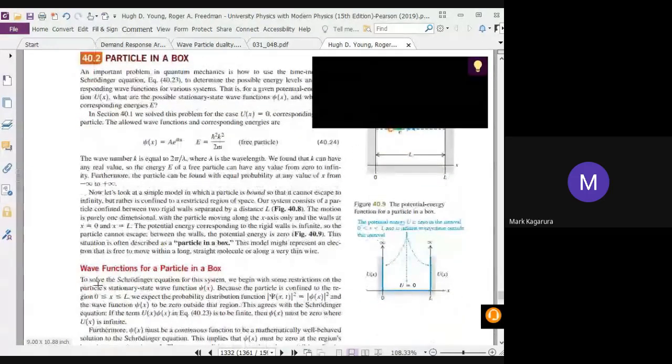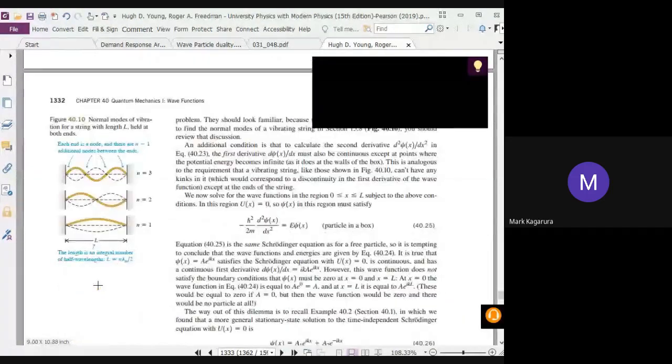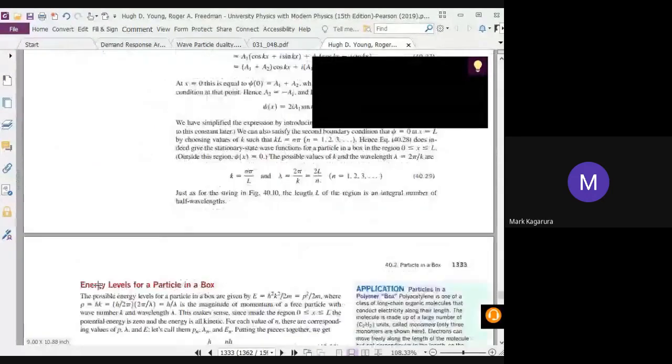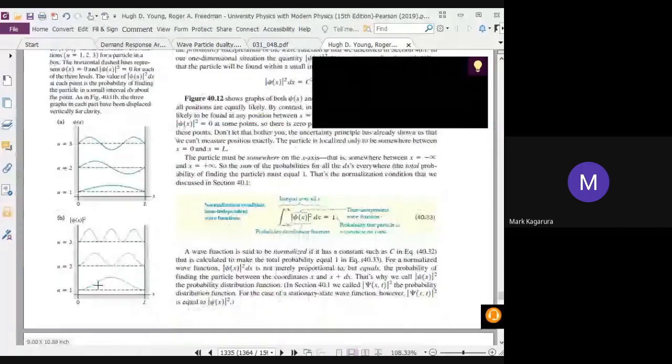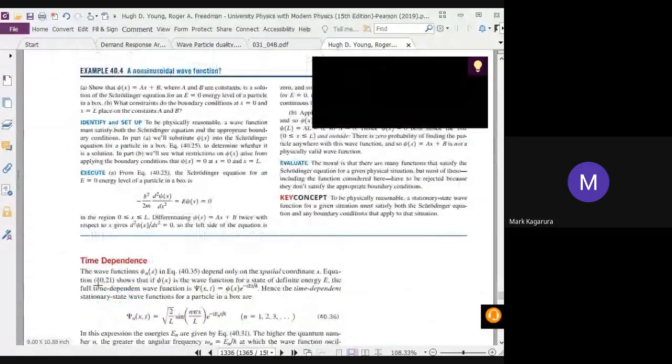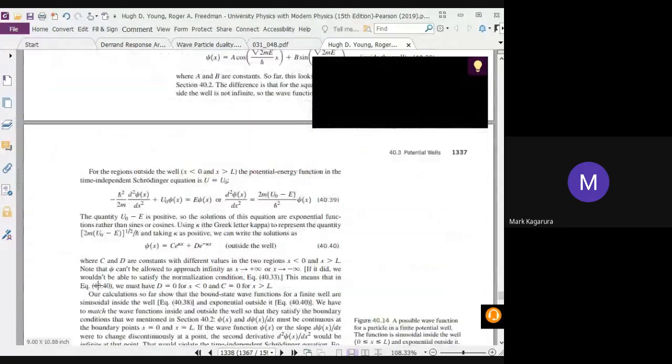It should just be multiplying through by that e to the negative j omega t, then times psi x.